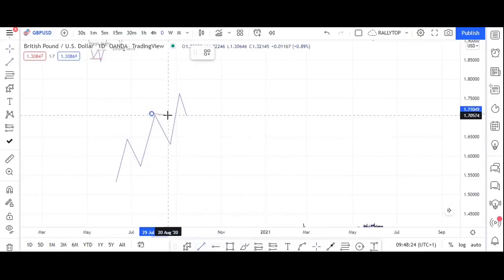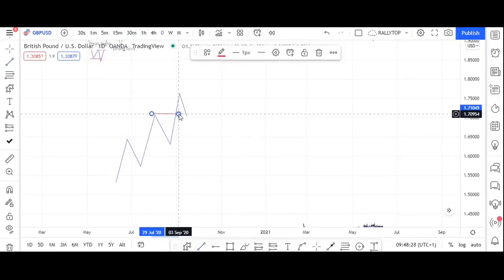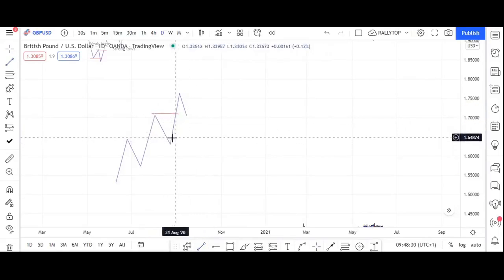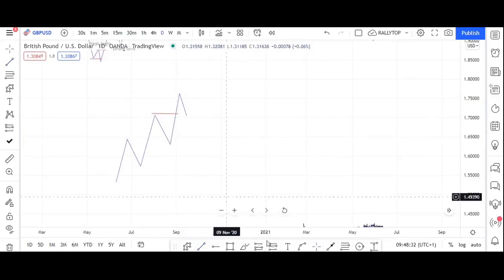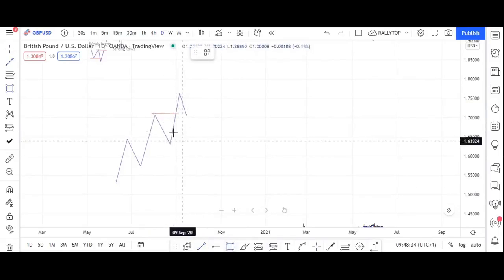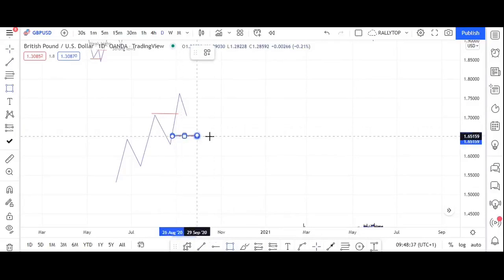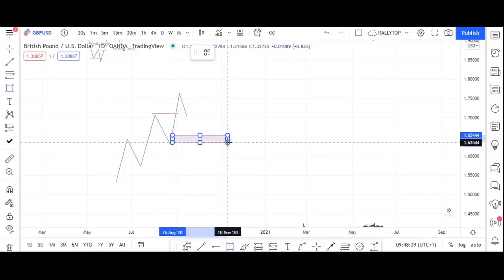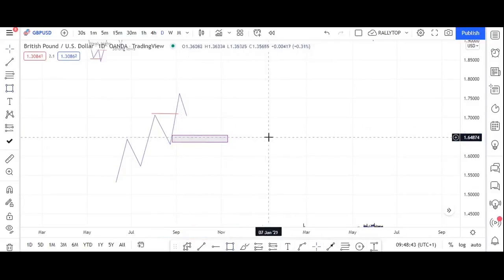Once it breaks structure, it will leave behind an OB. So let's assume this is an OB. It will leave behind this OB here.